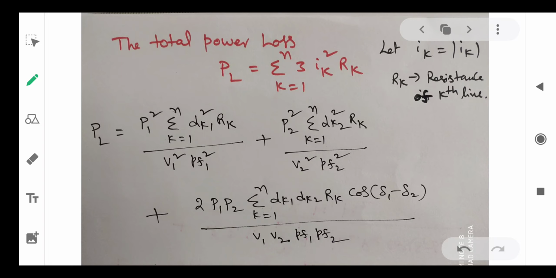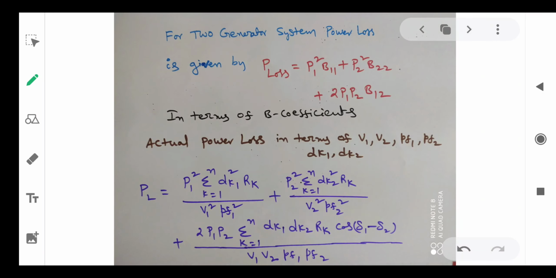We will get P1 square into sigma dk1 square rk by V1 square PF1 square, plus P2 square sigma dk2 square rk divided by V2 square PF2 square, plus 2 P1 P2 sigma dk1 dk2 rk cos(delta 1 minus delta 2) divided by V1 V2 PF1 PF2. So this is the derived expression of PL in terms of P1 and P2 and other parameters like V1, V2, PF1, PF2, dk1, dk2, etc.